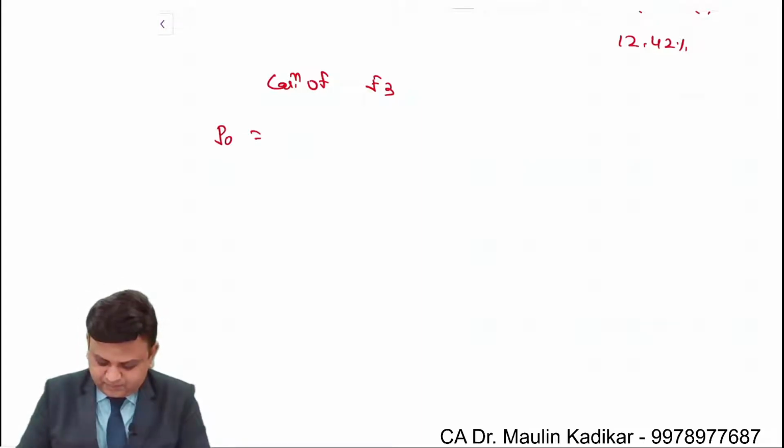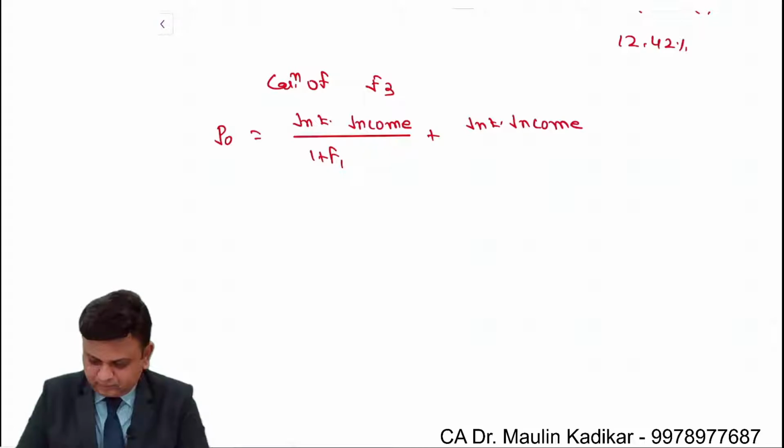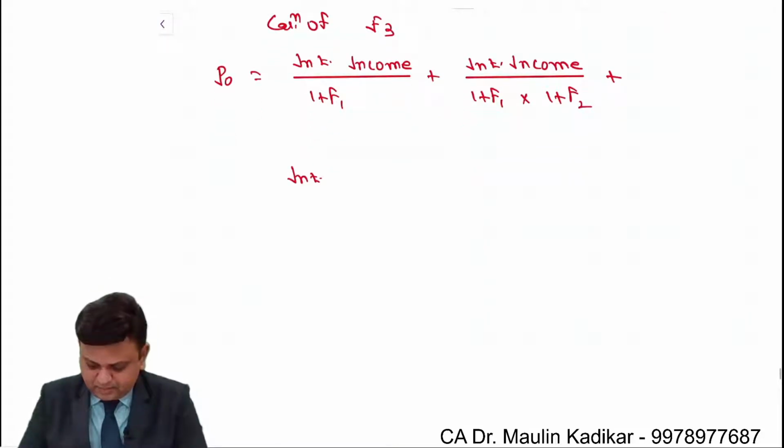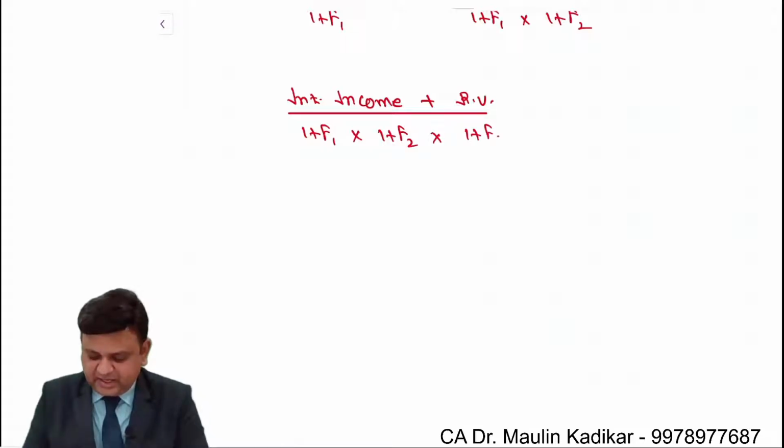P0 is equal to interest income of year 1 divided by 1 plus F1, plus interest income for year 2 divided by 1 plus F1 into 1 plus F2, plus interest income for the third year plus redemption value, whole divided by 1 plus F1, F2 and F3.